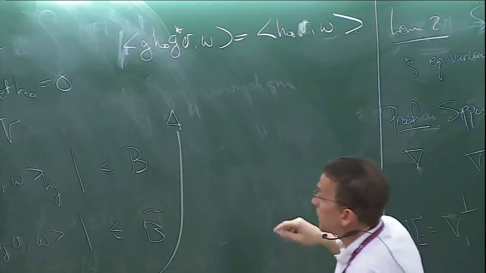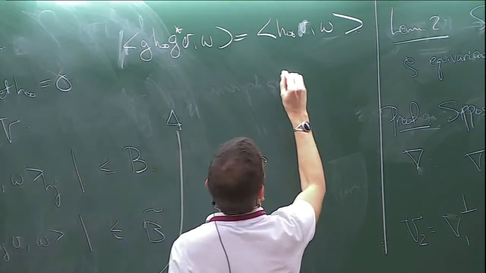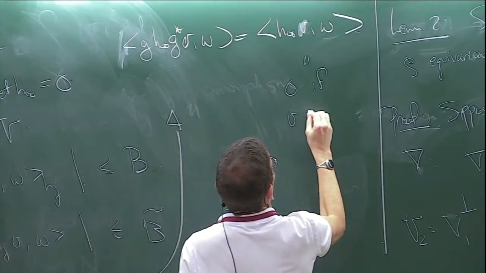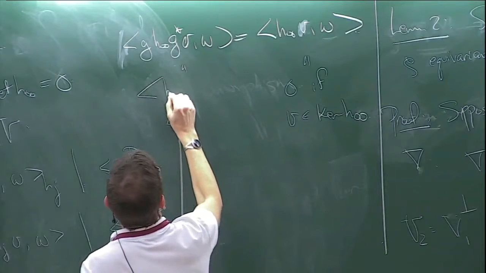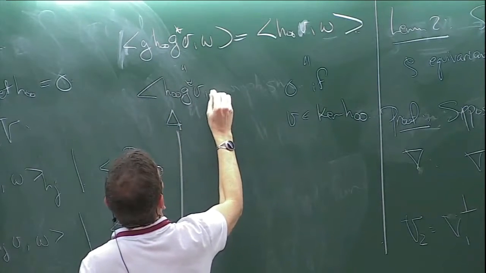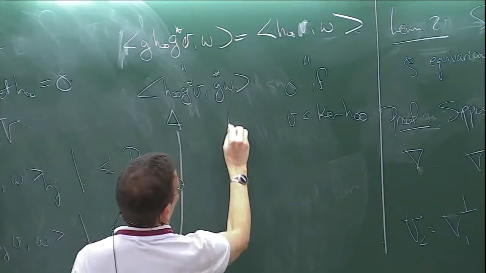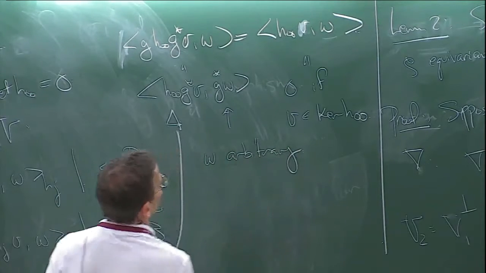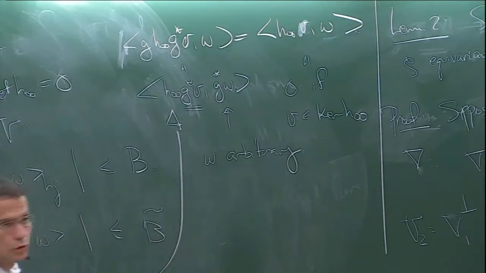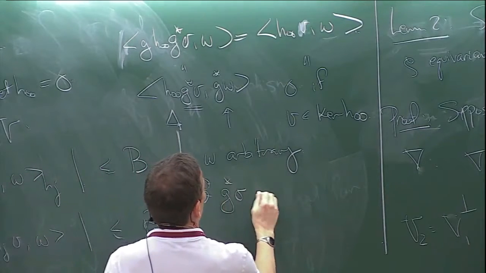Now if I take V to be in the kernel of H infinity, so this is 0, V is in the kernel. This is H infinity (G star V, G W), and W here is completely arbitrary. So that implies that this G, or rather G star in this case, actually fixes V. It is also in the kernel.